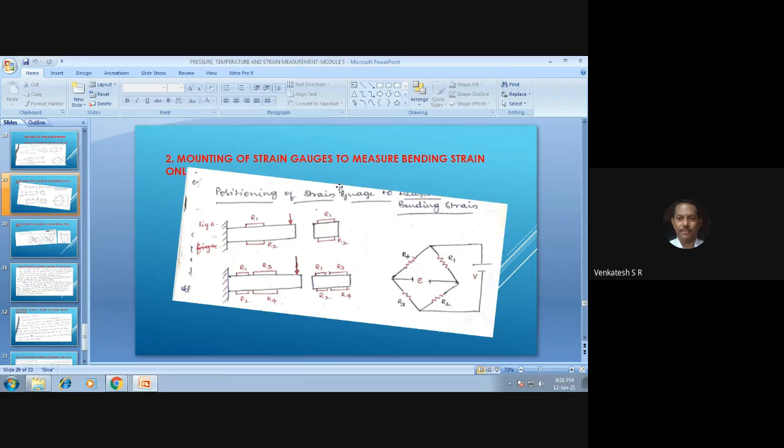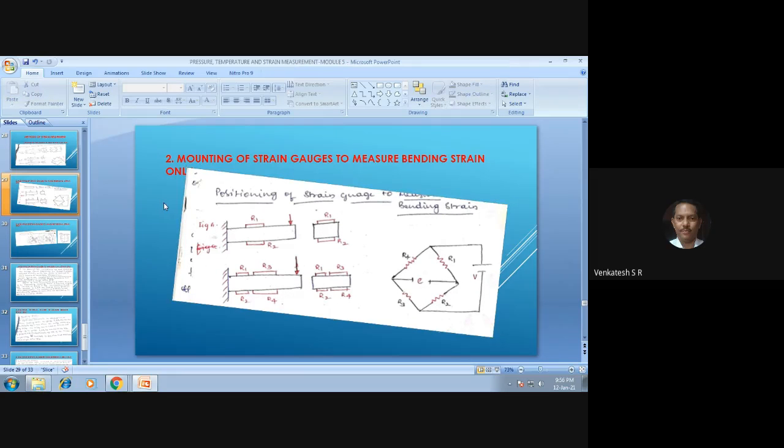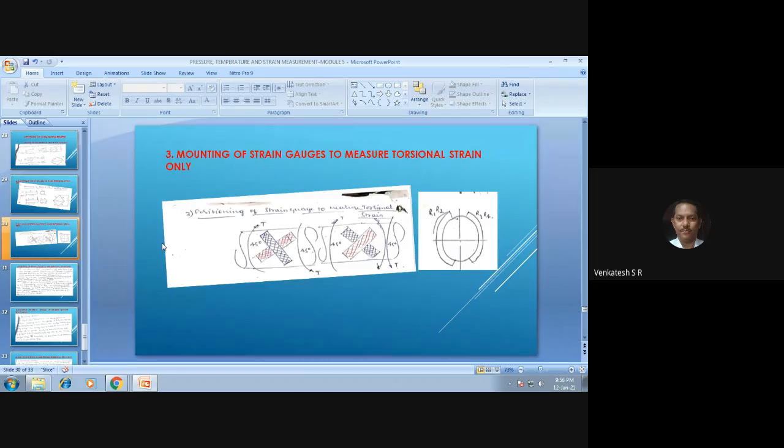Number 3, mounting of strain gauges to measure torsional strain only. Torsional strain only.